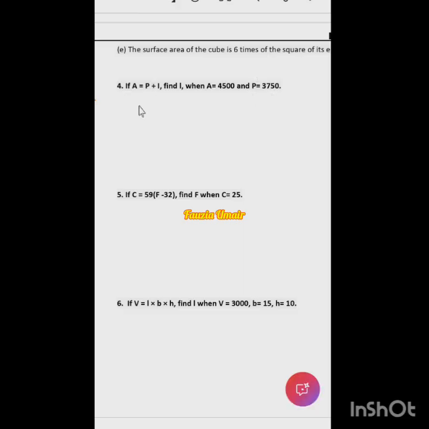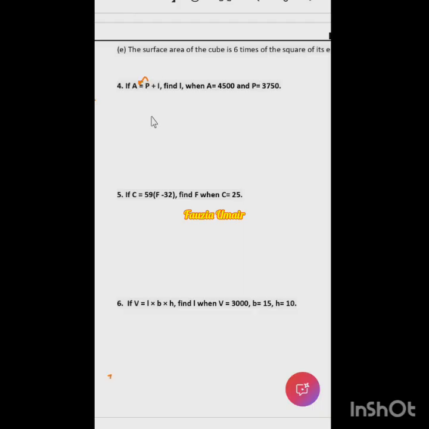I will minus P from A. Will I minus A from P or P from A? P from A, because in subtraction the order matters.